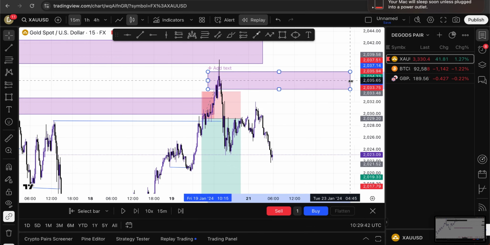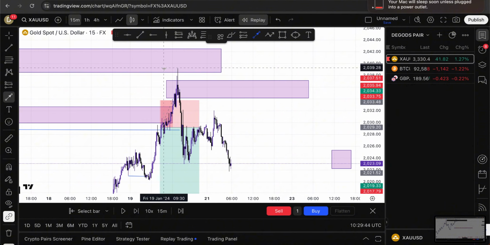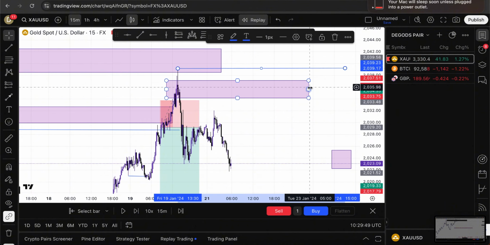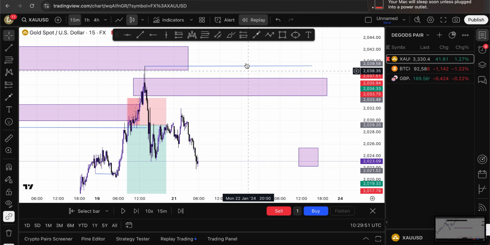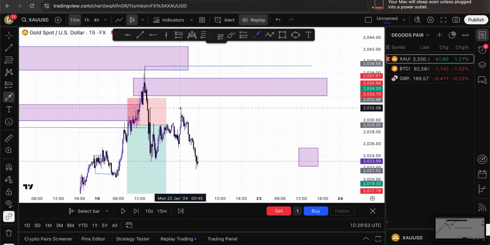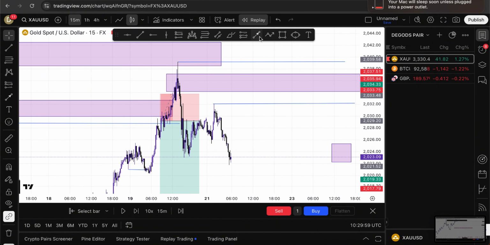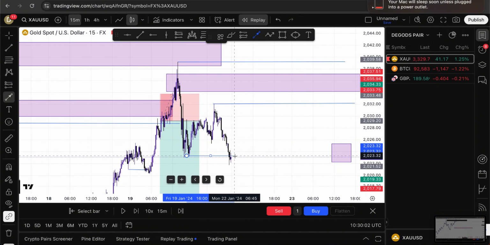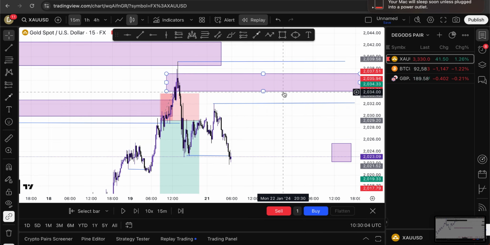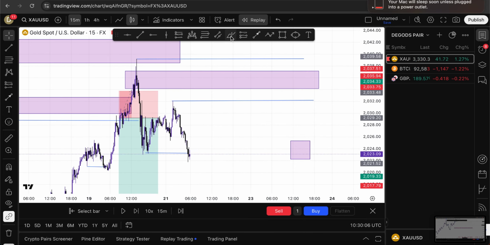Let's assume this one is protected. This one now is our structural liquidity, our break of structure. So everything we need is complete.